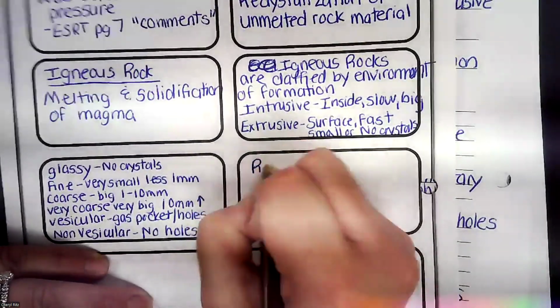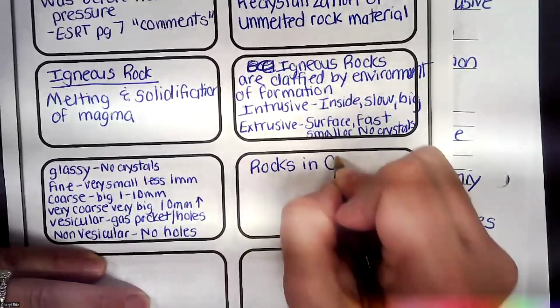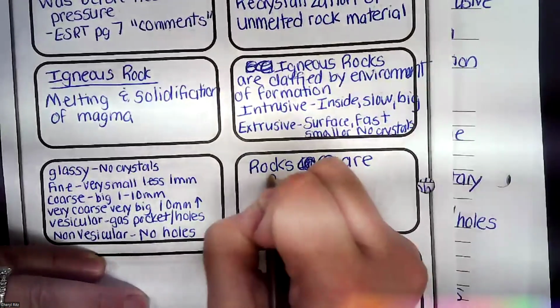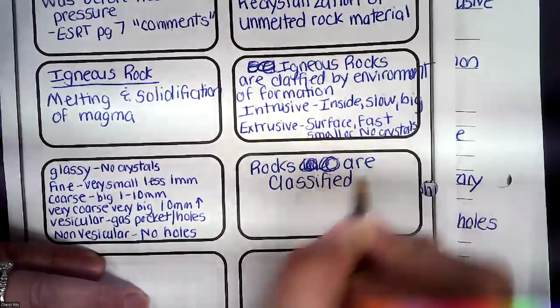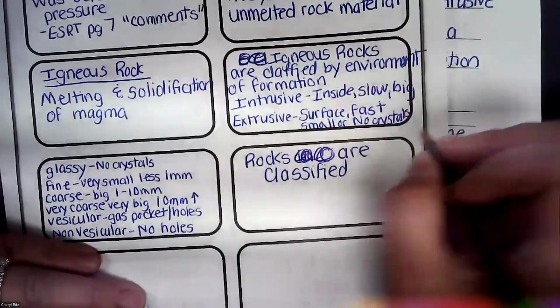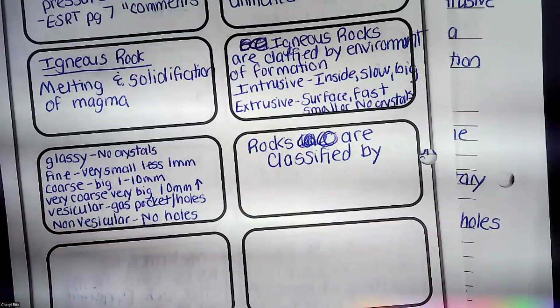Rocks are classified. Rocks in general. So if I just give you 100 random rocks, how do you put them in groups? Those are the 3 groups: igneous, sedimentary, metamorphic.